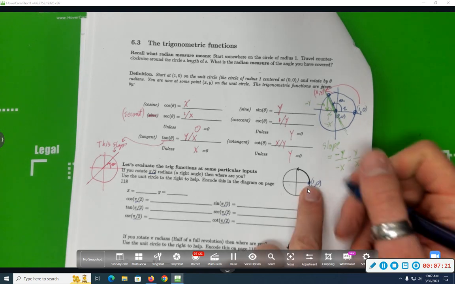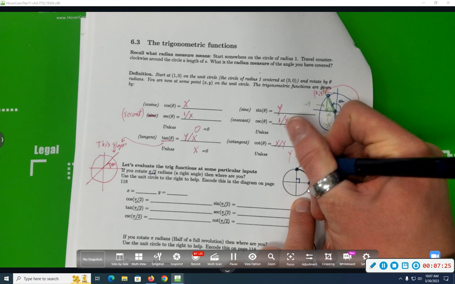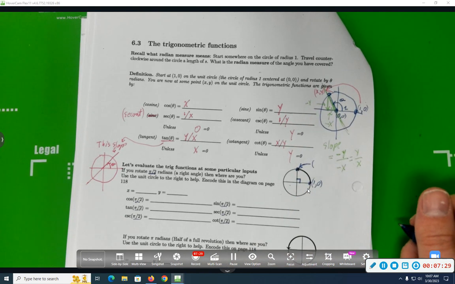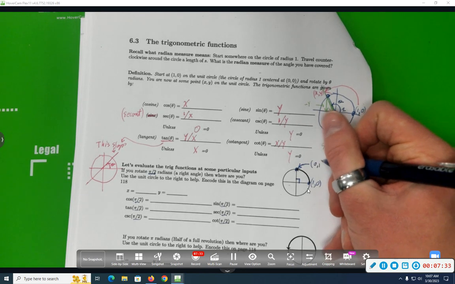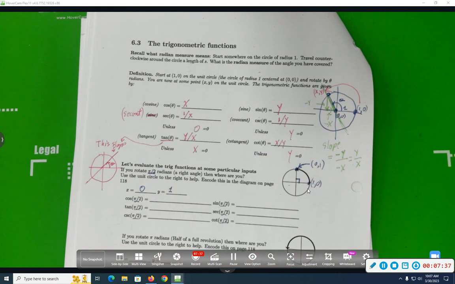So if you start at 1, 0 and you rotate forward by a right angle, what point do you land on? 0, 1. So that means the x-coordinate is 0, the y-coordinate is 1. All right, so what's the cosine of pi over 2?